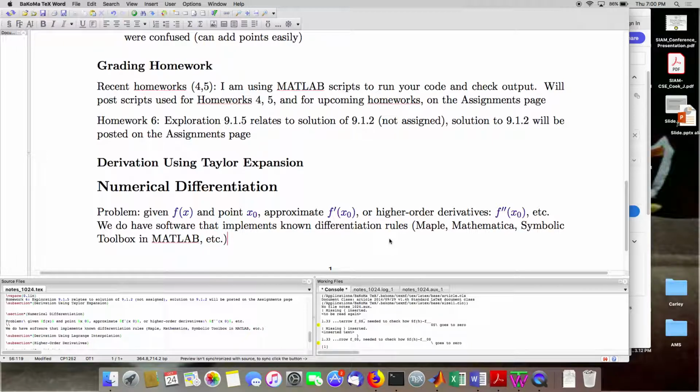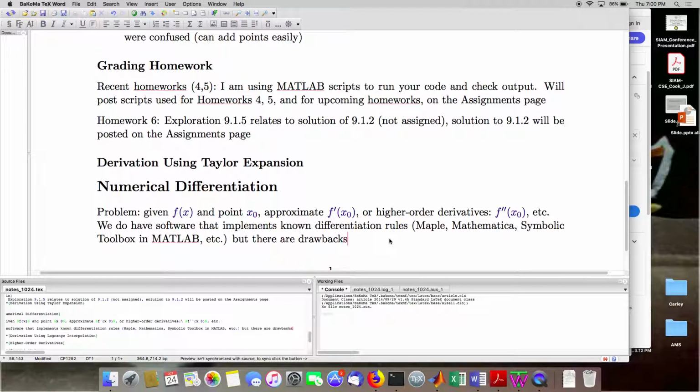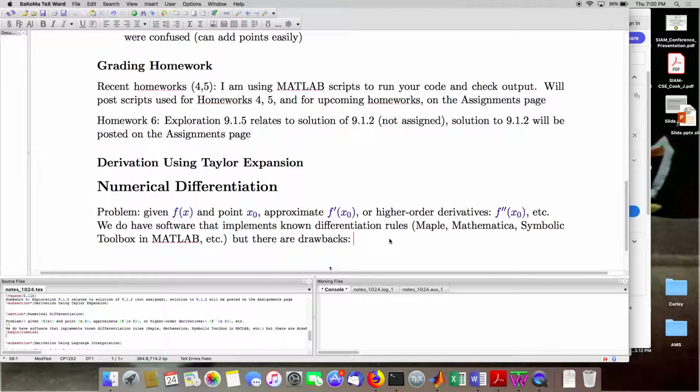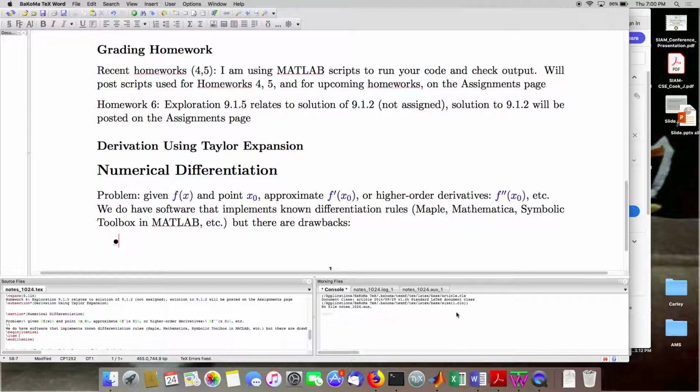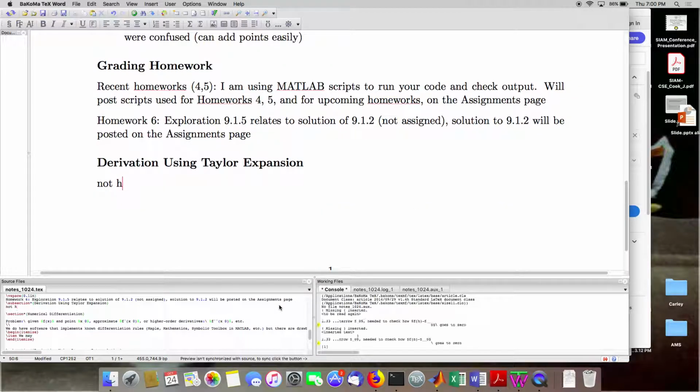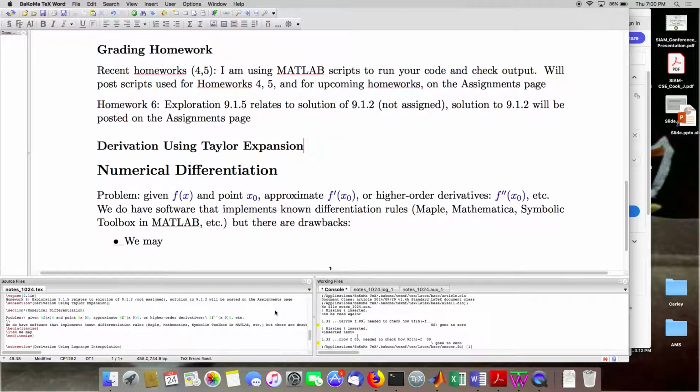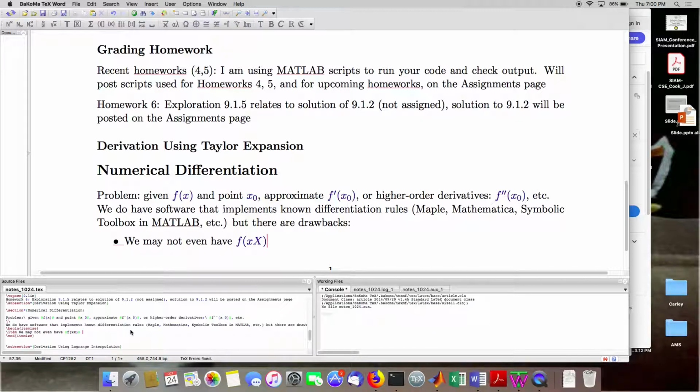There are many products out there that do this, but there are drawbacks. First of all, we might not even have a formula for f of x.